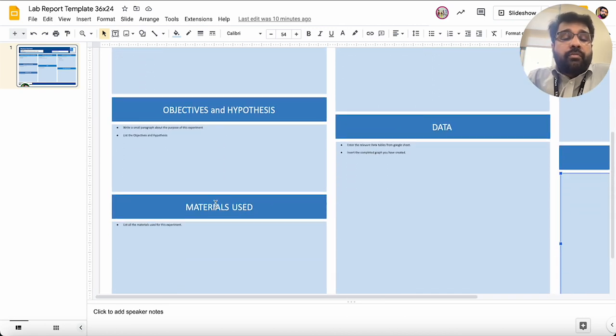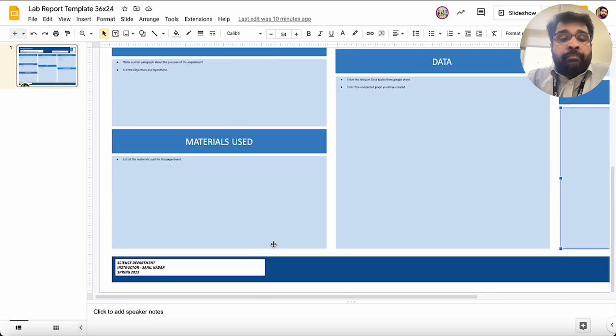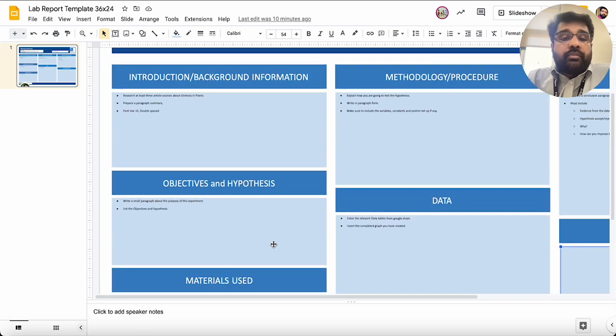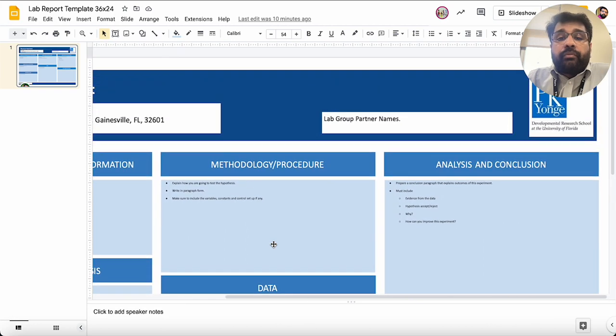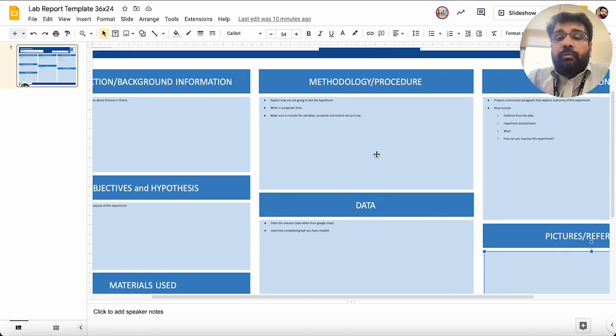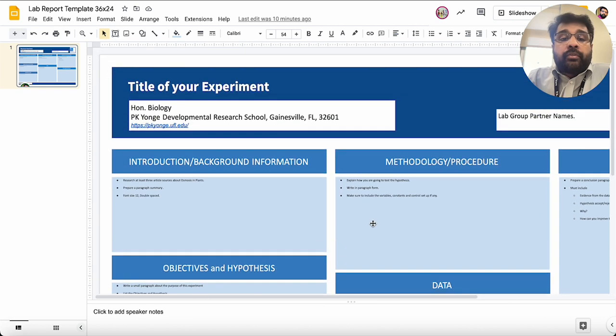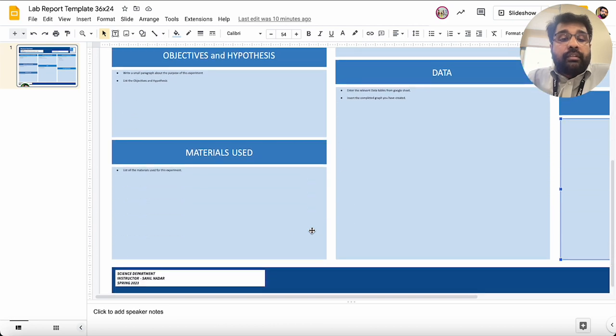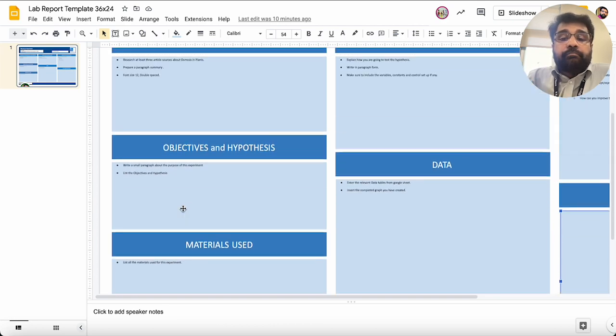Now always remember, language matters: the structure of the language, sentences, spelling, all those things. Proofread, and you can split the work, half of the work you do, and the other half your partner does. Remember, later you will be working on this poster all by yourself in the next unit, so please make sure that you work diligently on it.